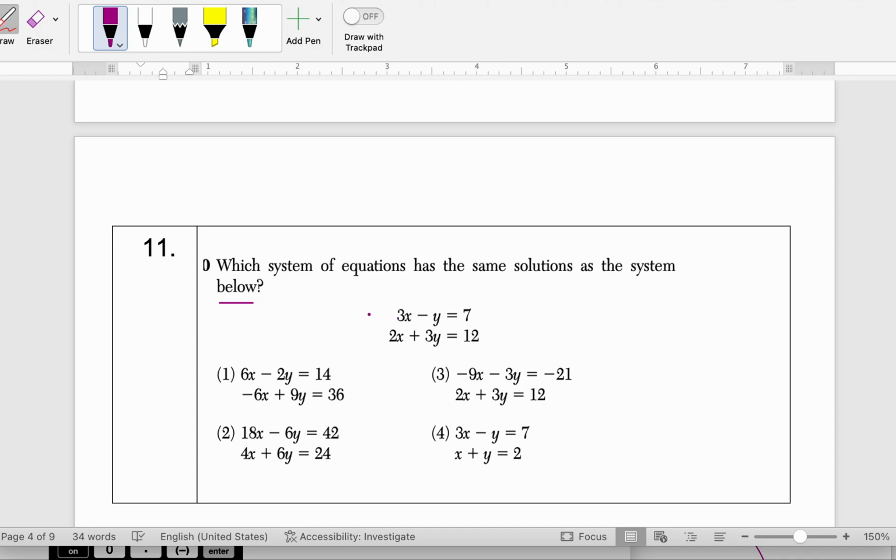Okay, so I'm going to multiply the top by 3. And I have 9x minus 3y equals 21.